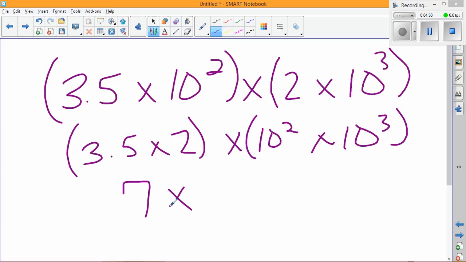And 10 squared times 10 to the 3rd is 10 to the 5th. So we can do all of these computations pretty easily with our laws of exponents.